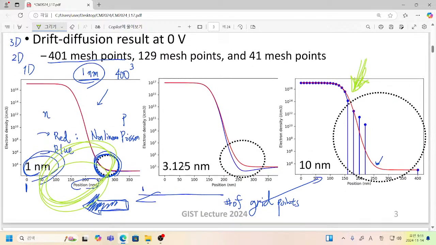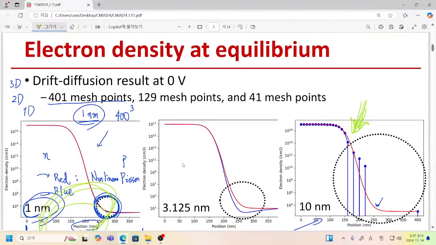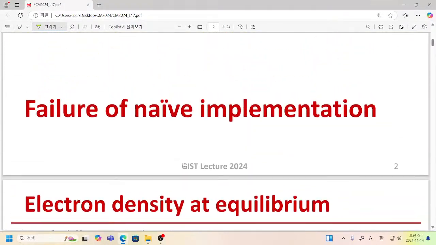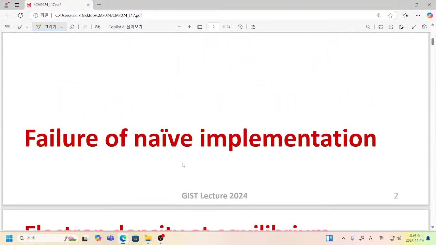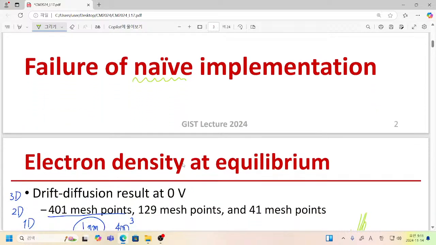So one good news is, this is the result obtained from our naive implementation, taking the middle or average values of electron density or hole density.